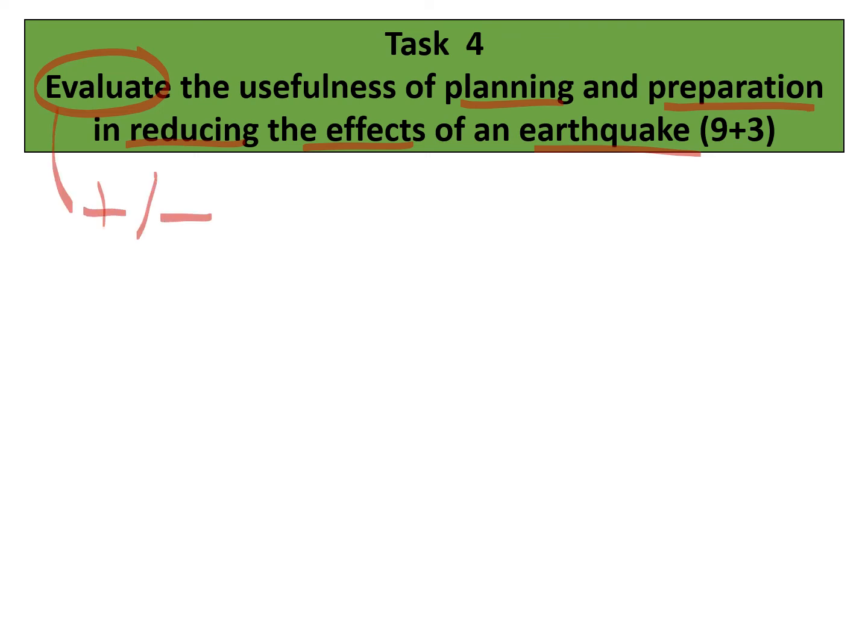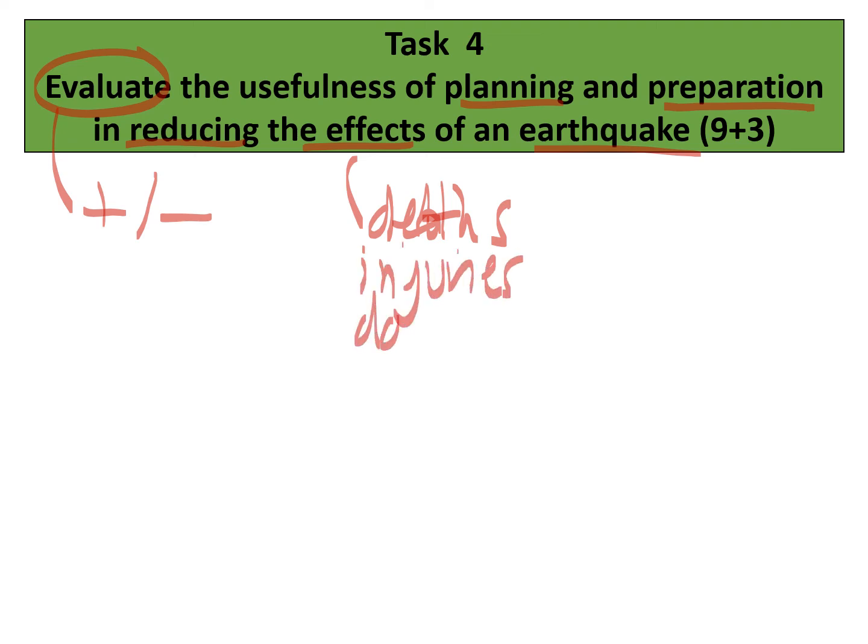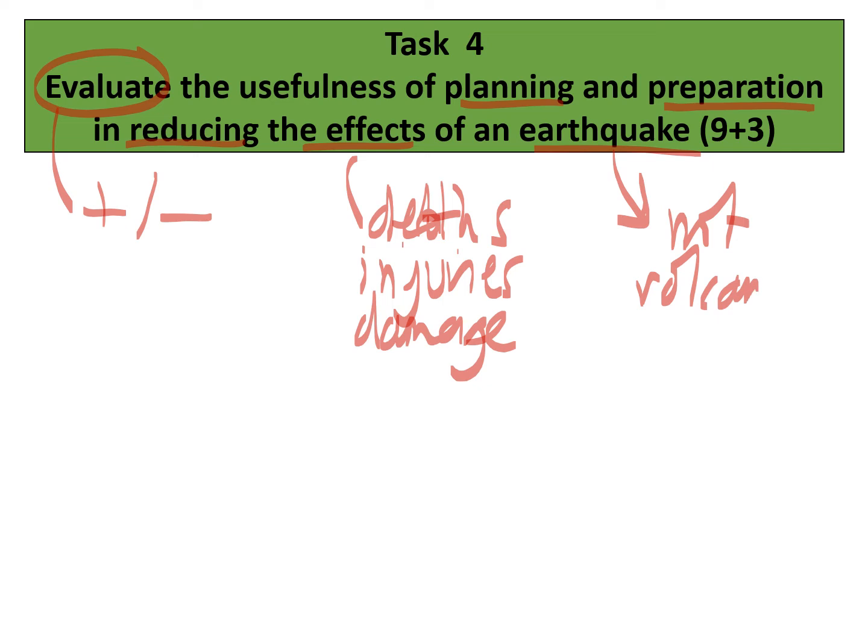So we're saying how good are planning and preparation at reducing the effects of earthquakes. So we're trying to reduce deaths. We're trying to reduce injuries. We're trying to reduce damage. And we're talking about earthquakes, not volcanoes.